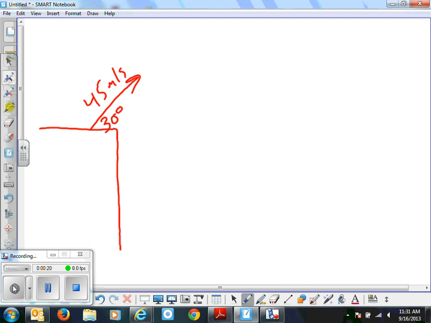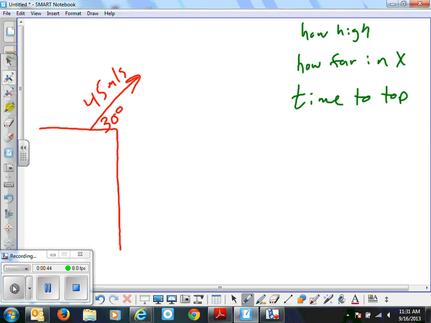Okay, and what I want to know is how high, how far in the x direction, time to top, and then time to fall from top. Okay, so these are the four things I want to know.